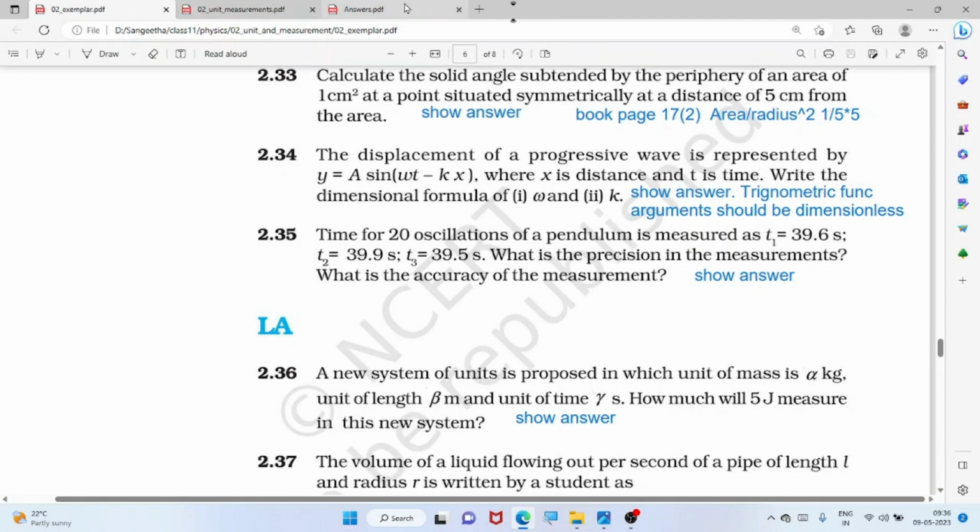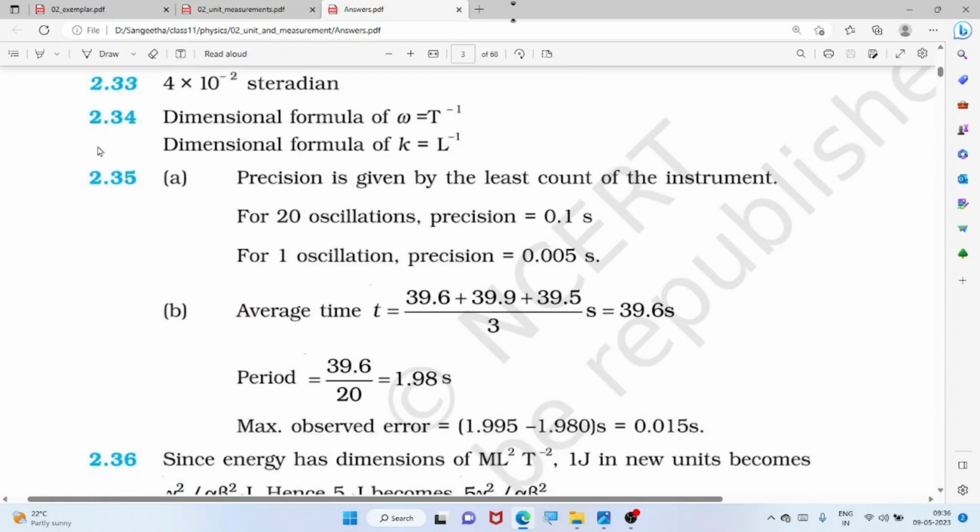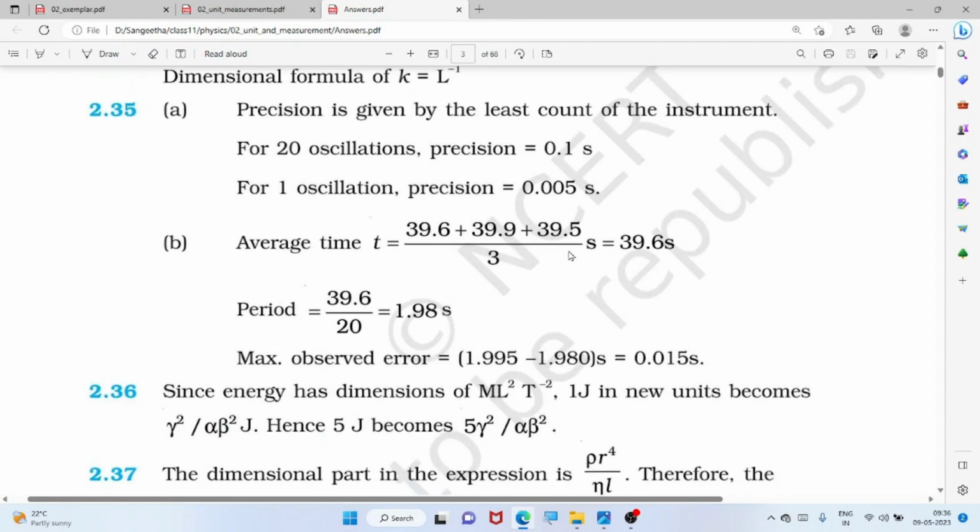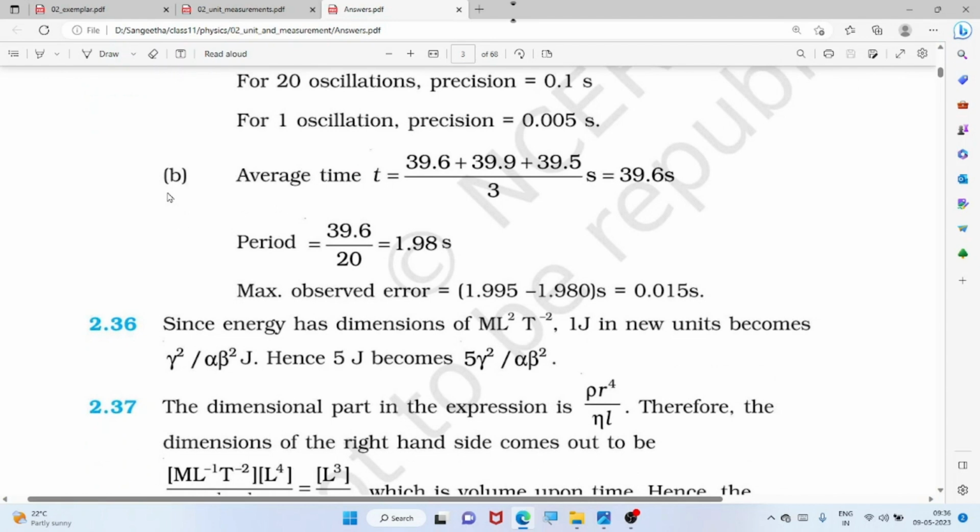35. Precision is given by the least count of the measurements. 20 oscillations this much, 1 oscillation this much. So the maximum observed error is computed. Okay. So whichever answers are given in this, you can go through it along with the book.